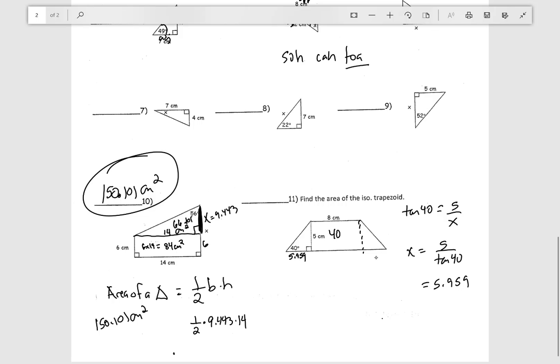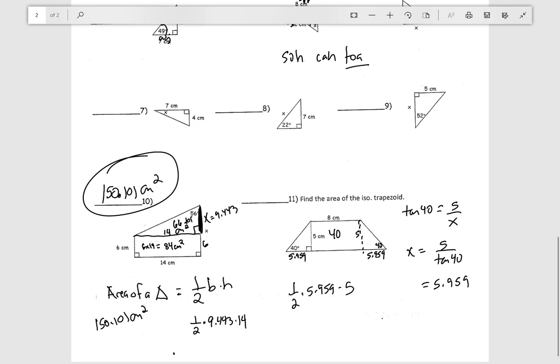Because it's isosceles, I know it means that they are going to be the same. This would also be a 40. This would also be 5. But basically, once I figure out the area of this triangle, I can just multiply it by 2, so I get that 2 triangles. So 1/2 my base times the height.